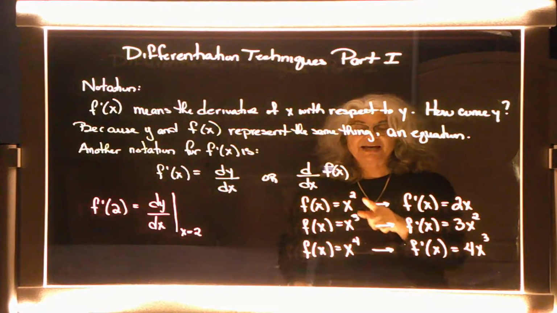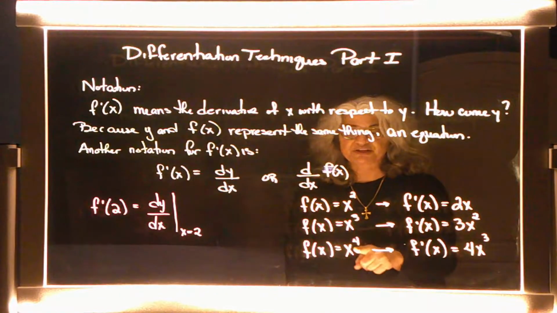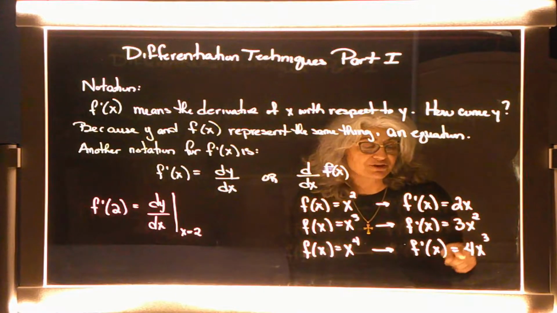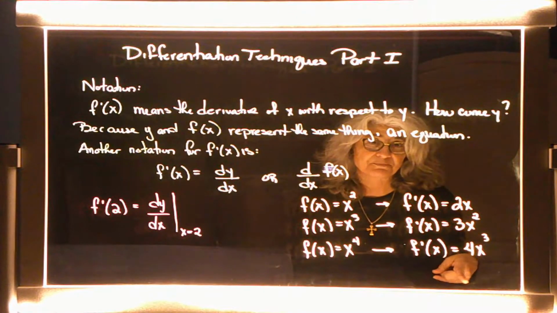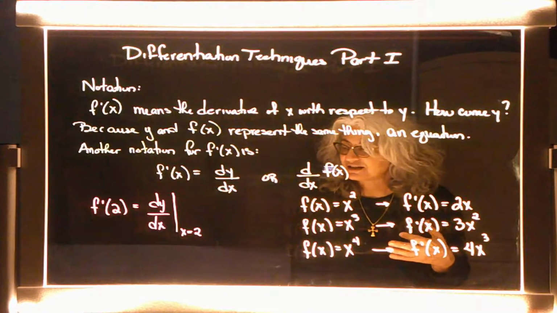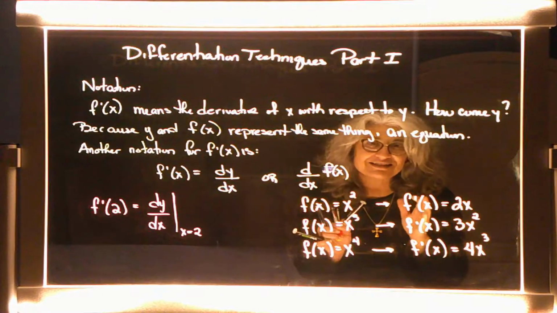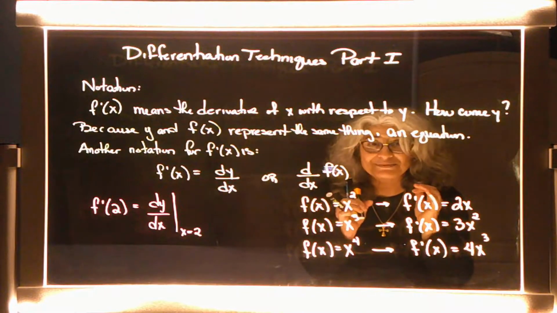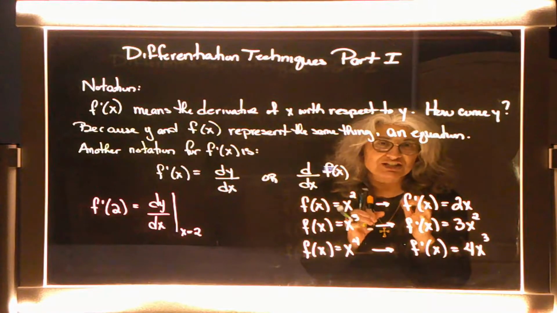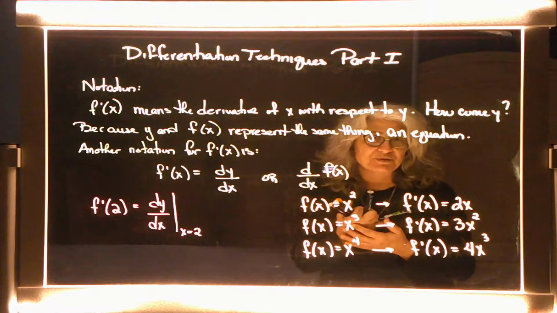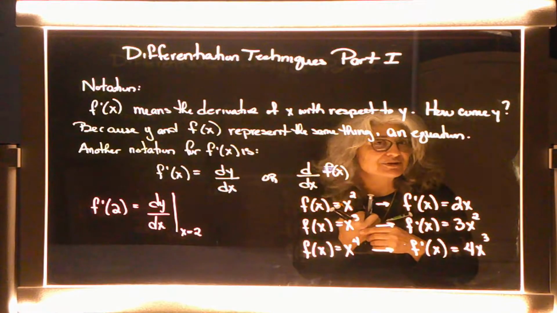By looking at this, x squared, x to the third, x to the fourth, even x to the fifth, x to the sixth, I see a pattern actually starts to develop. Once I see the pattern, then I can start bringing about some different differentiation techniques, some rules, if you will. So stay tuned. I got some of those.